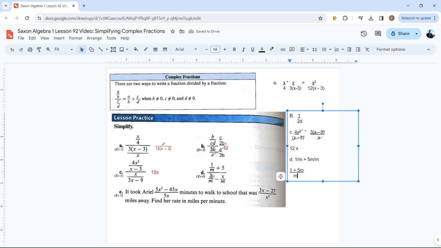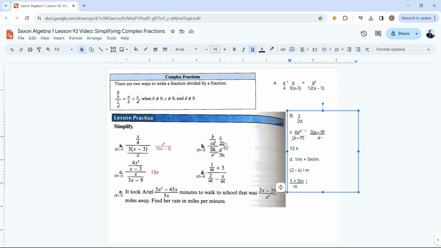This is still being divided by 2 over m minus x over m, but notice I already have a common denominator there. So it's actually 2 minus x over m. Let me just write that out here. So this is the same as 2 minus x, the expression, over m. And I'm dividing by this 2 minus x over m.